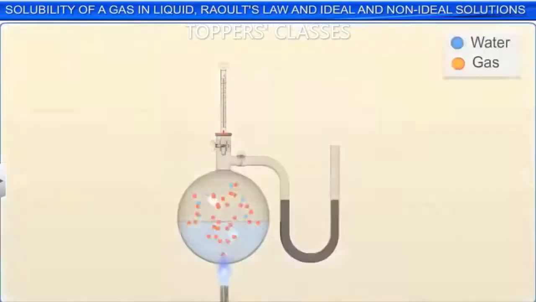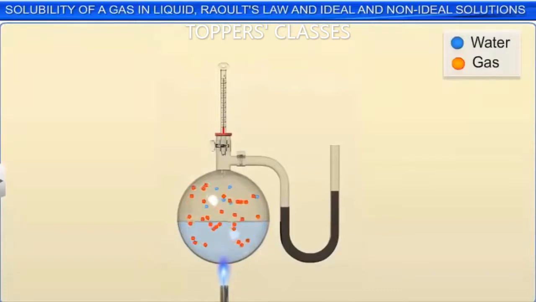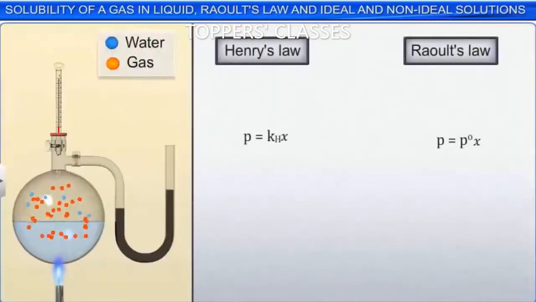Now, if one of the components in the binary solution is highly volatile, such that it exists as a gas, then, as you know, its solubility is given by Henry's law, P is equal to kH x.